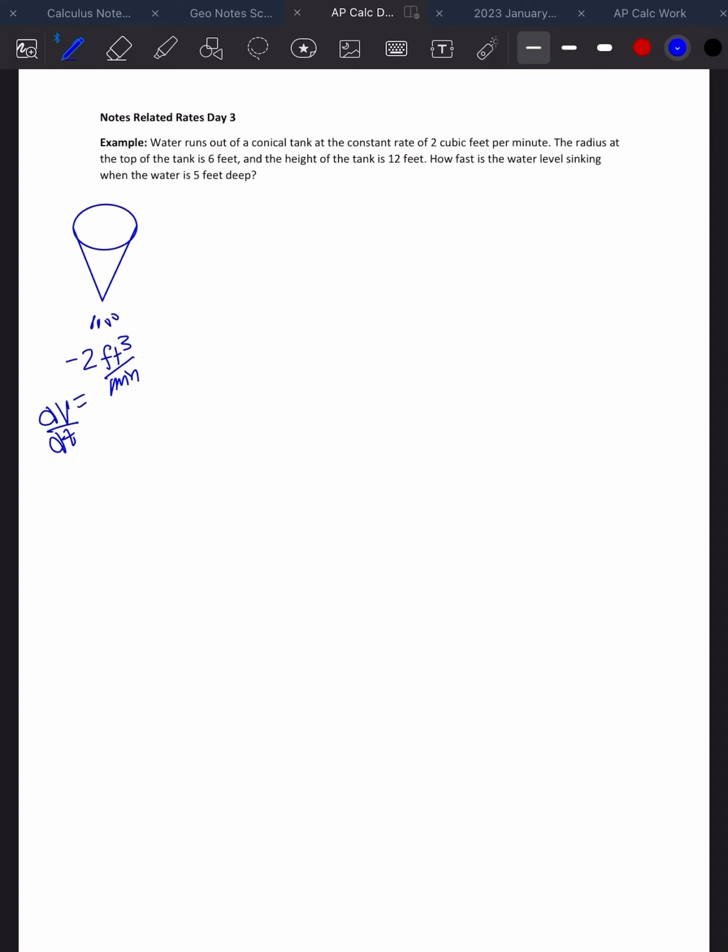It tells us the radius of the top of the tank. So if I put something here, this would be 6 feet. And the height of the entire tank is also 6 feet.